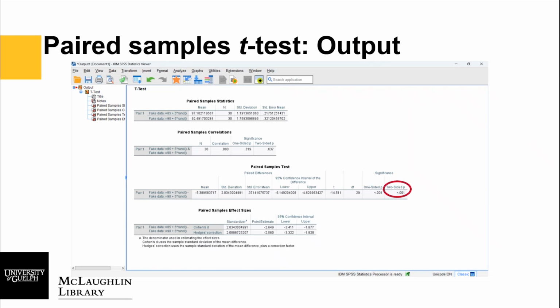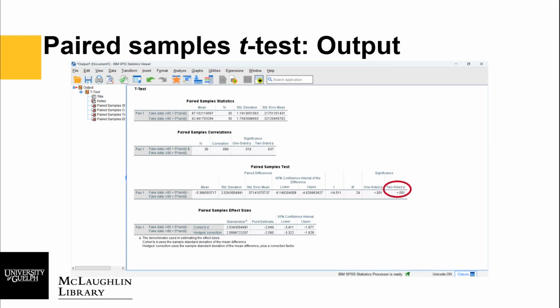But here what we're looking at is our two-sided p in our significance section. What this tells us is if p is less than 0.05, we have found statistical significance. And what that means is that one of our variables is higher or lower than the other. So here our p-value is less than 0.001. We found statistical significance.